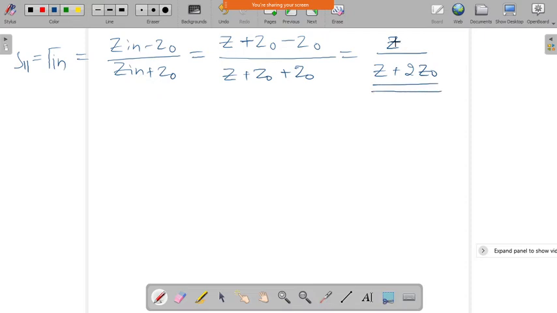This is your S11, which is the input reflection coefficient.